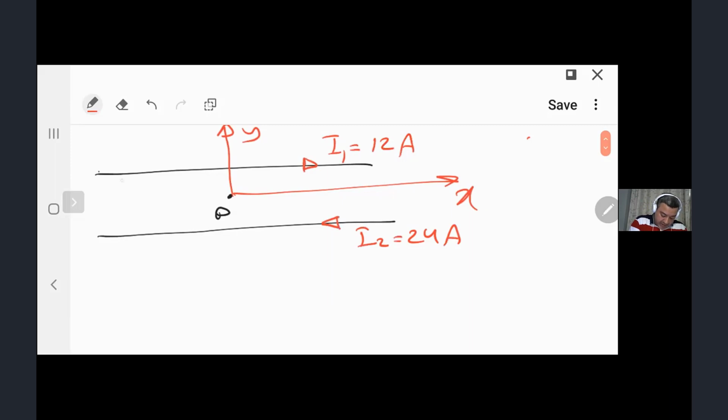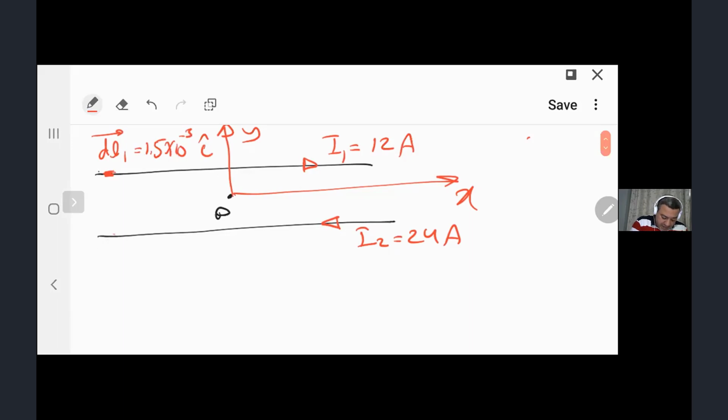I have my dL. I will call this one dL1. This dL1 is going along the x-axis, so it will be 1.5 millimeter i hat.